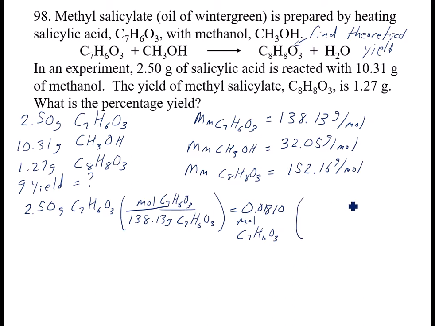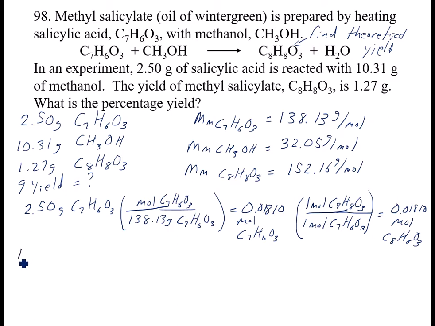Now to get to the methyl salicylate, I use the coefficients again. The coefficient is 1, so 1 mole of C8H8O3 to 1 mole of C7H6O3 gives me, again, 0.01810 moles of C8H8O3.